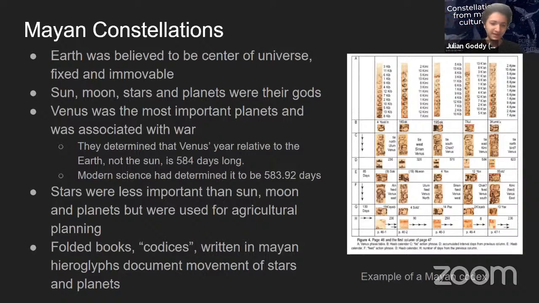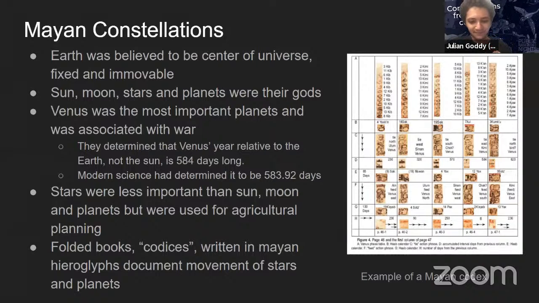And another thing that they produced were folded books, which we call codices, which were written in the Mayan hieroglyph language, which documents the movement of the stars and constellations.